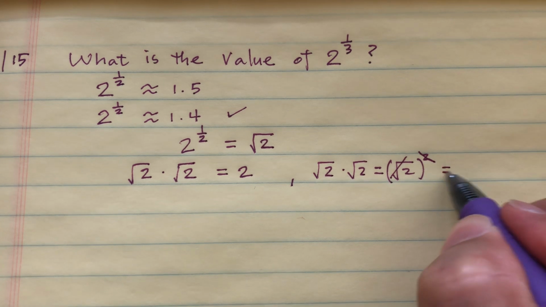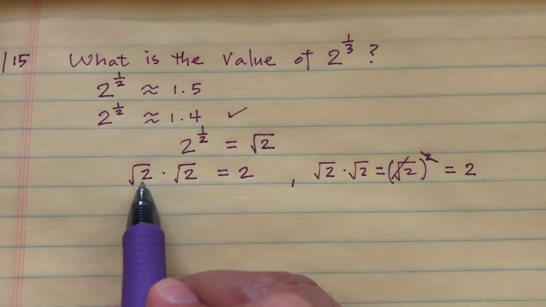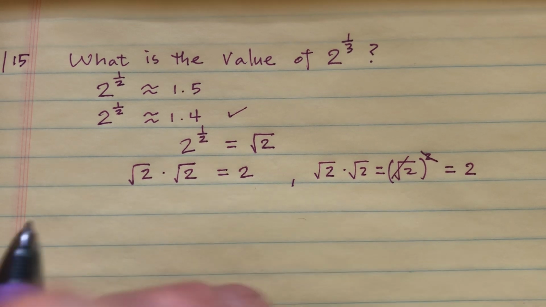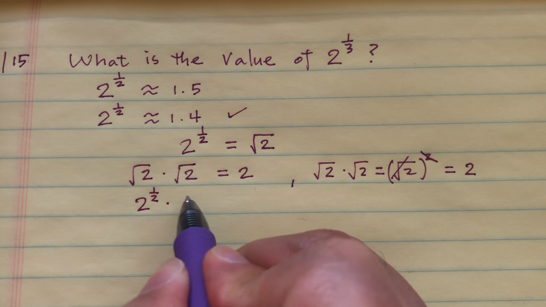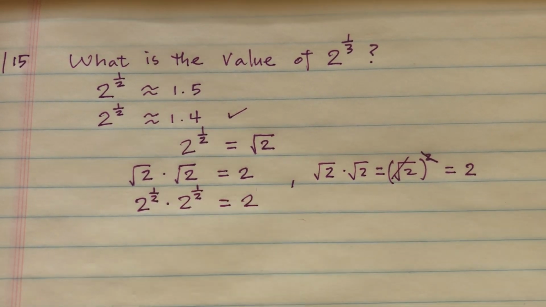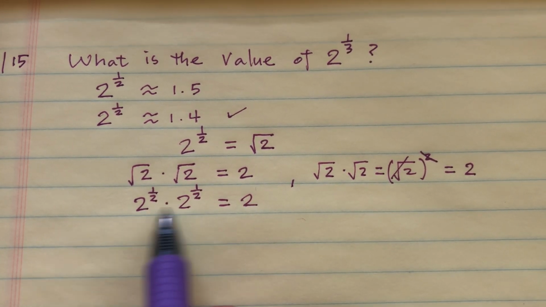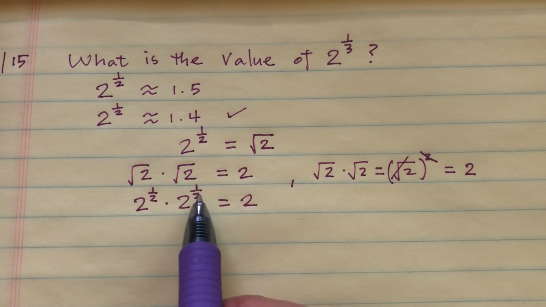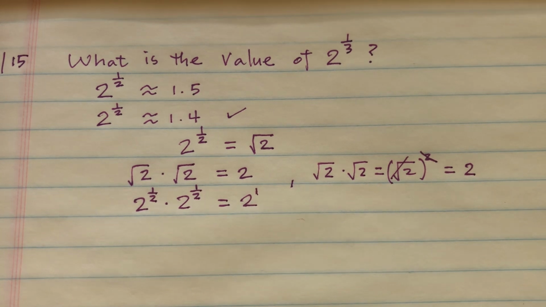So this is equal to 2. But we also know that 2 to the 1/2 power times 2 to the 1/2 power is equal to 2. Why is that? Because if the base is the same, you add the exponents, and 1/2 plus 1/2 is equal to 1.